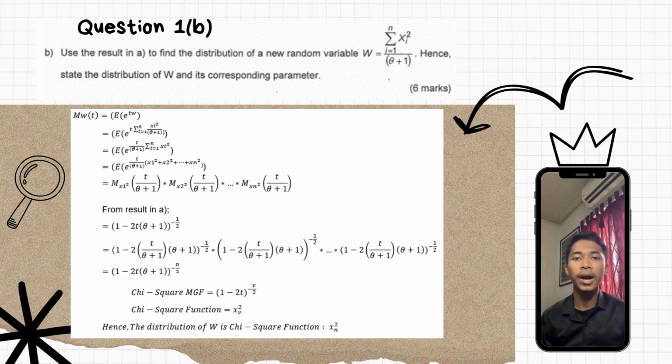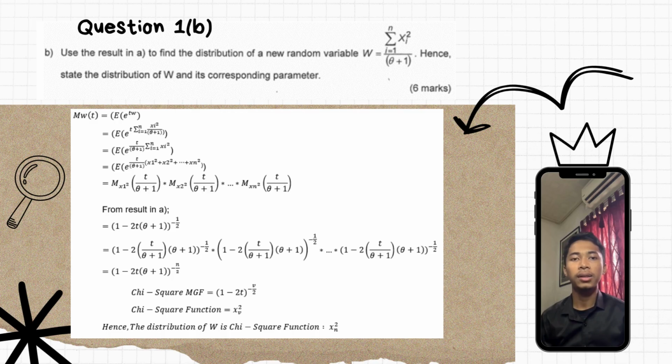Firstly, we need to find the moment generating function of W, which is the expected value of e to the power of tW. We replace the value of W, which is the summation of Xi squared over theta plus 1, from i equal to 1 to n. The expansion of the summation of Xi squared would be X1 squared plus X2 squared plus until Xn squared.